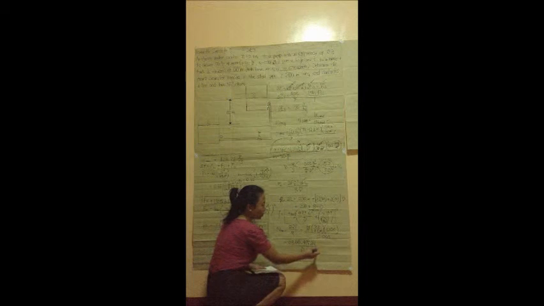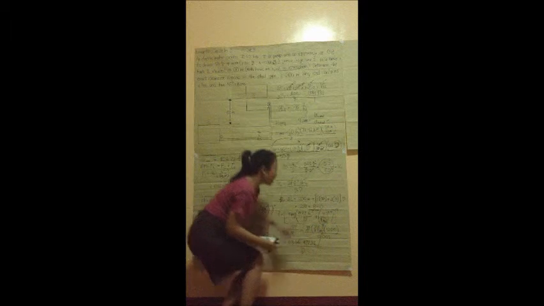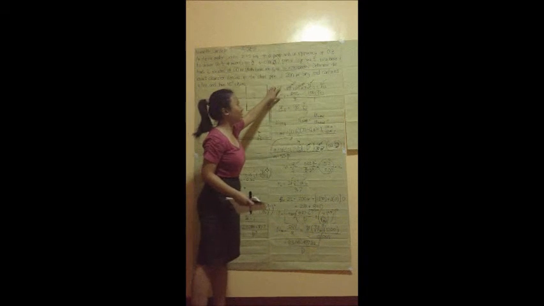So now we can substitute this to this and everything else back to this, and we'll get the value of D.